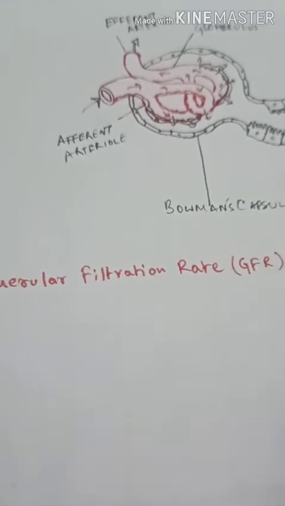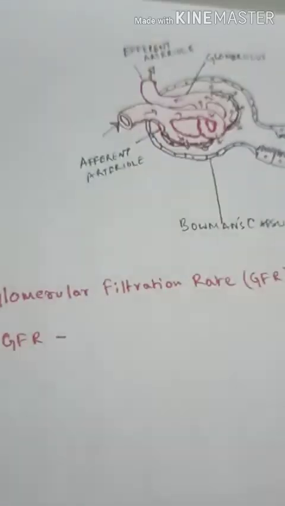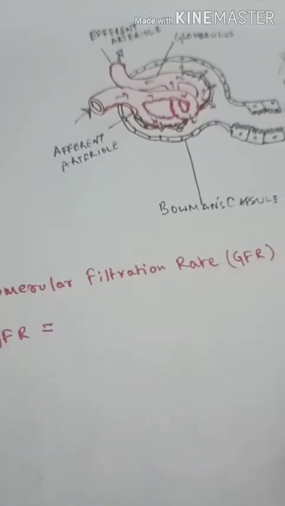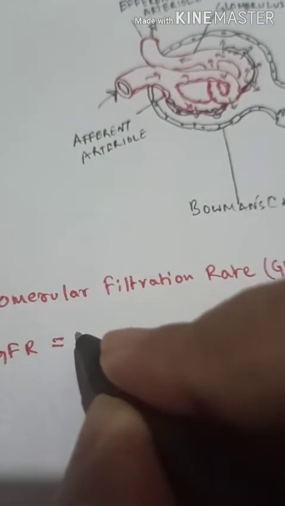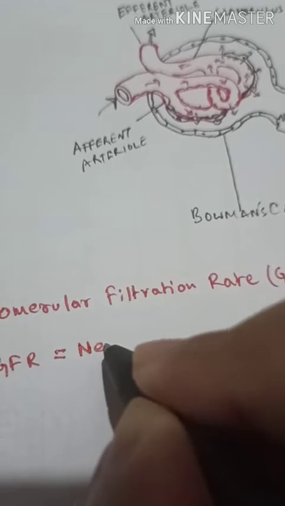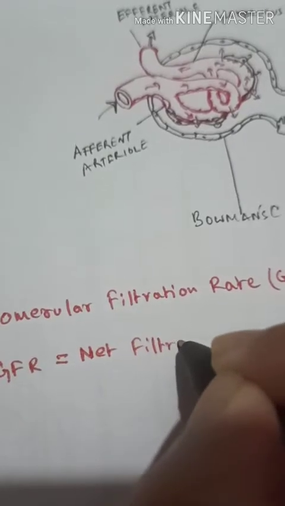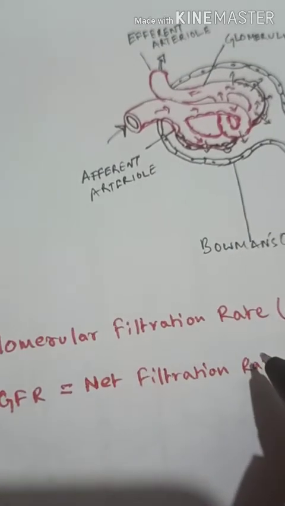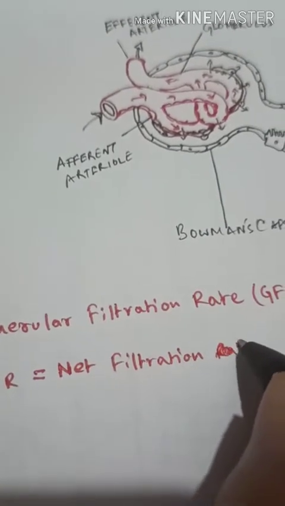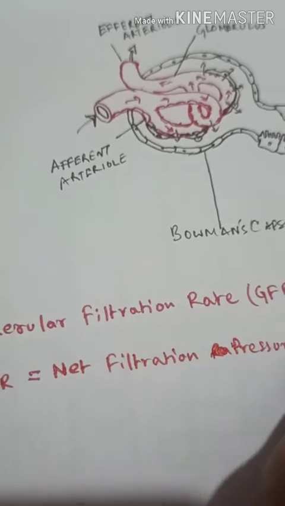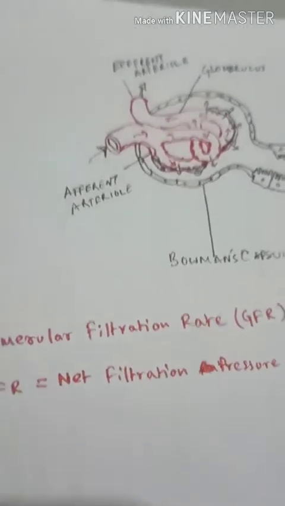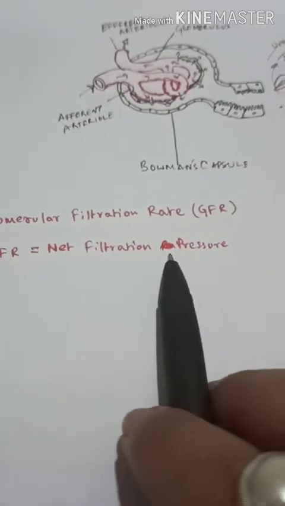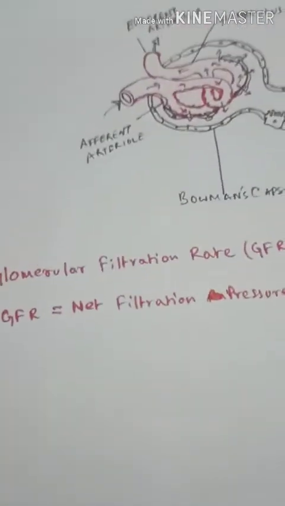GFR can be calculated, or you can write it that way: it is directly proportional to the net filtration pressure. The GFR is directly proportional to this.